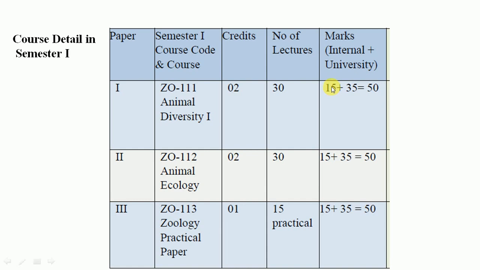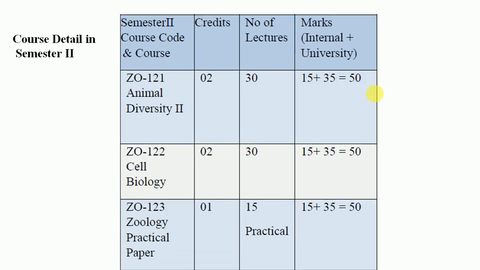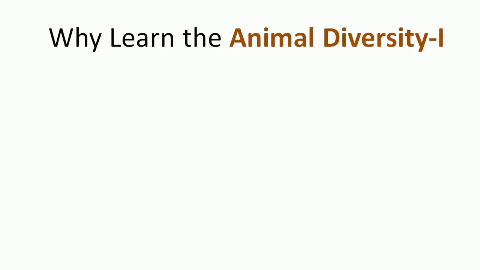Out of 15 marks you get your score, and finally you have the university exam of 35 marks, and you get a score out of 50 marks. Similarly, semester second again has 3 courses, 2 theory and 1 practical. It is always available online.